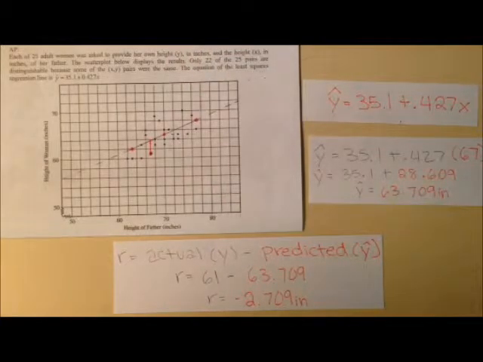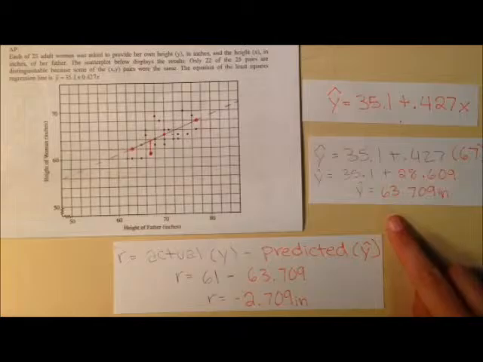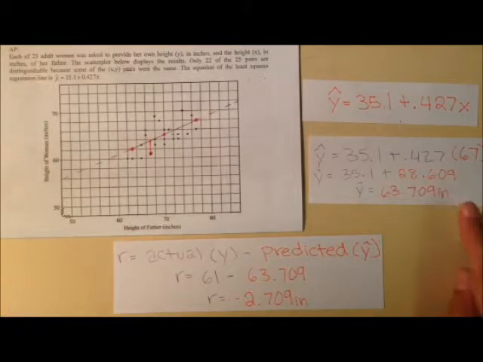To give a numerical value for the residual, we'll have to re-look at the least squares regression line, and then we'll plug in the father's height, 67, for x, and calculate the predicted height of his daughter at 63.709. From there we plug that value into our residual equation, which is actual minus predicted, which gives us r equals 61, the actual, minus 63.709, the calculated predicted, and we get an r value of negative 2.709.